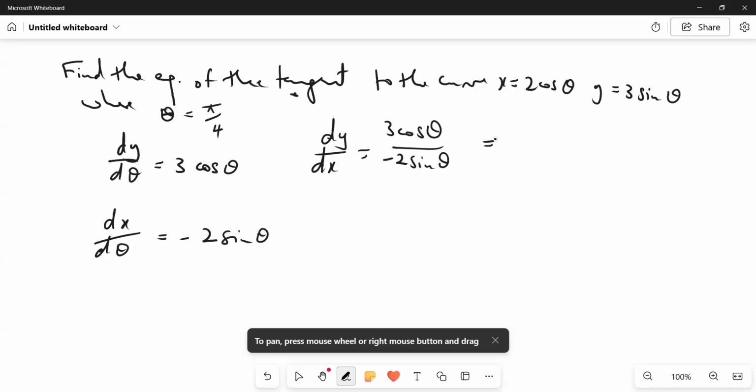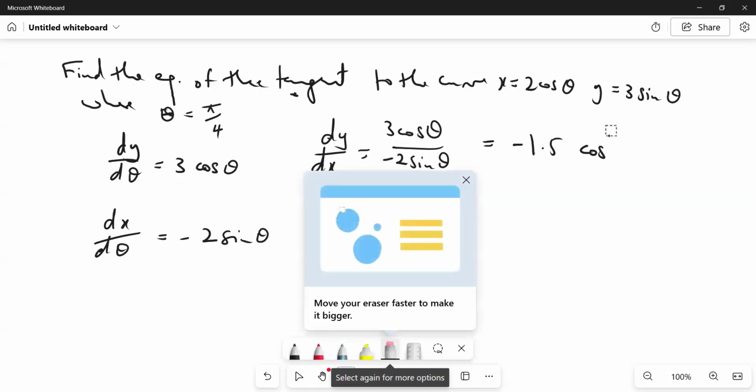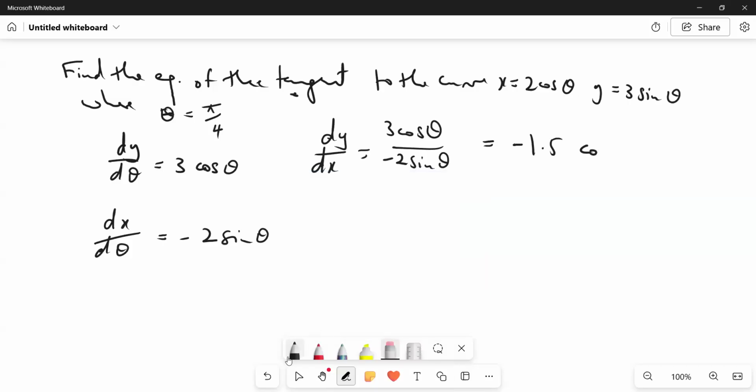For those who know a little bit of this, cos over sine is what they call cotangent theta.